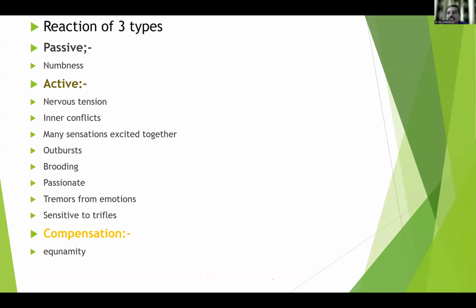So in the passive reaction, we usually have numbness. Whereas in the active reaction, there is nervous tension. There are inner conflicts. There are many sensations. He may weep, he may be angry, he may be crying. And mixed emotions is one of the keynotes of Ranunculaceae. Also sensitive to trifles, passionate, brooding, and outbursts.